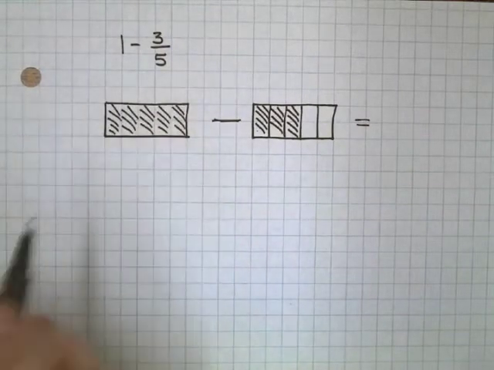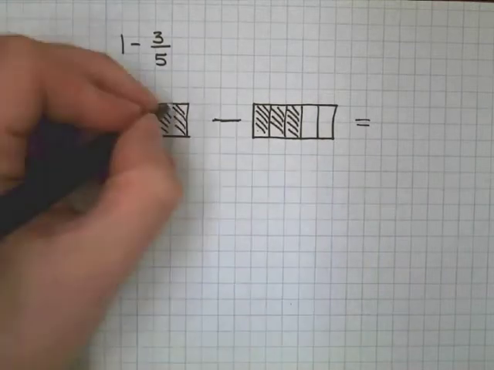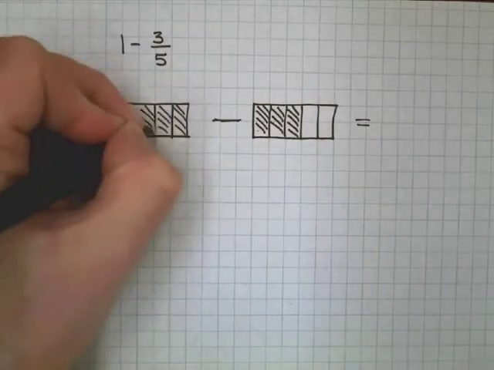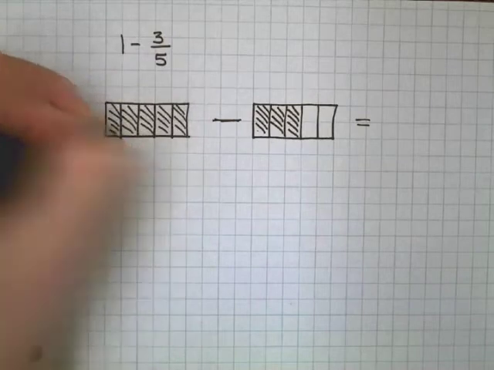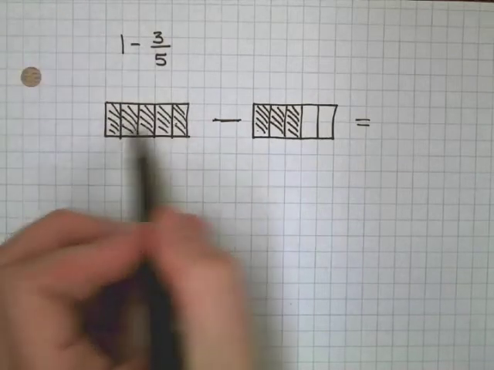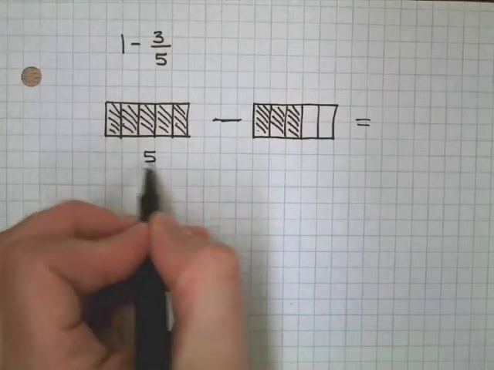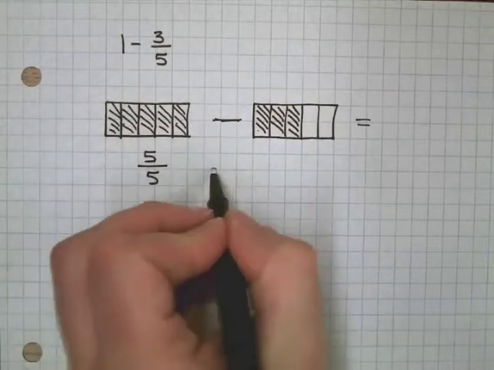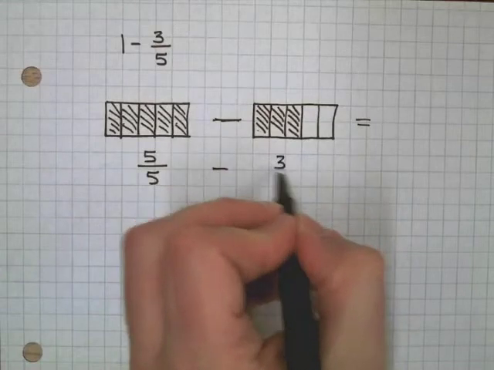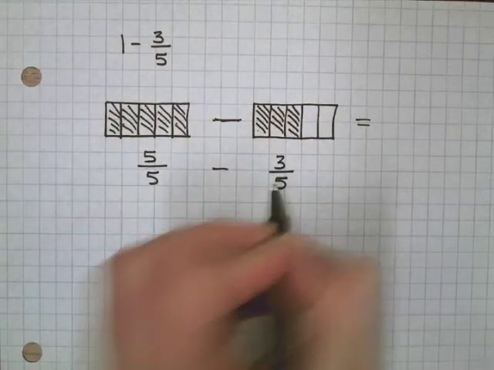I can break this whole up, also into fifths, by just doing this. So now I have this whole thing broken up into fifths, which is 1, 2, 3, 4, 5 of those fifths. And I have my 3/5 here, so I'm subtracting 3/5.